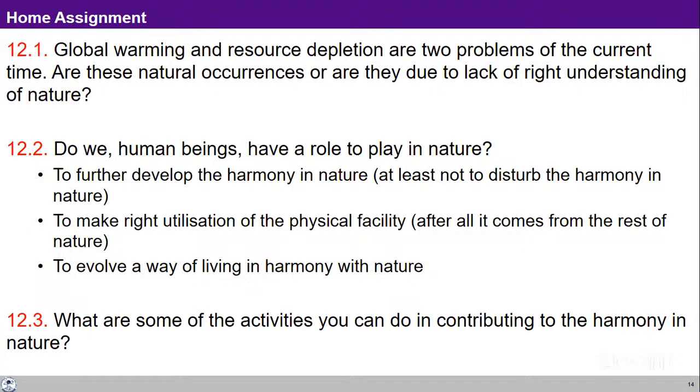How? Without disturbing the harmony, by making right utilization of physical facilities, by evolving a way of living in harmony with nature. So all of us can think about programs: what can I do for not disturbing the harmony of nature?